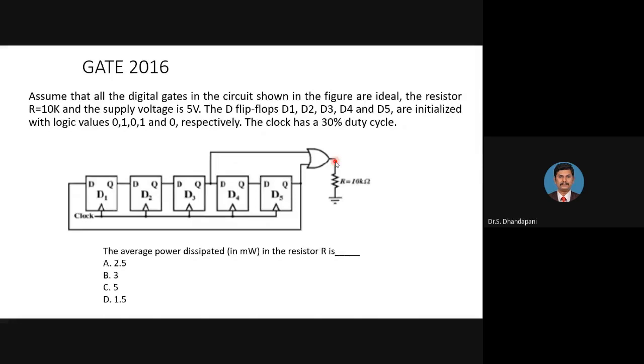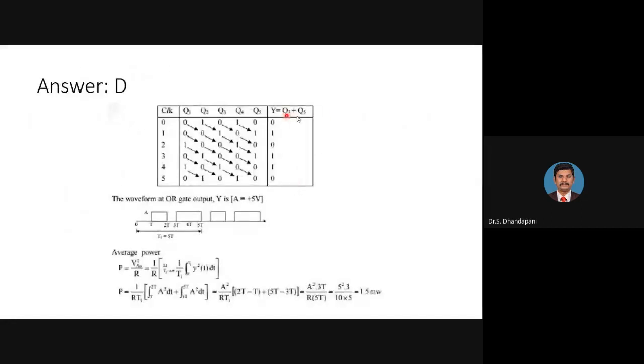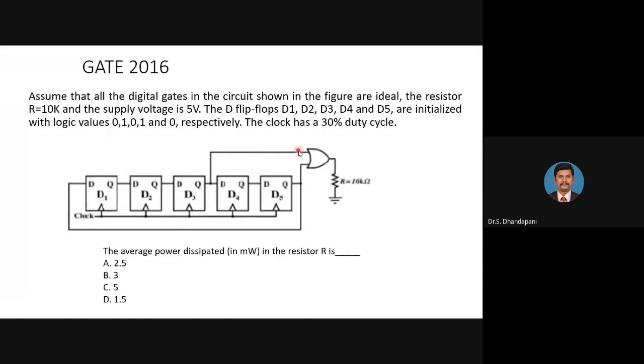The OR gate is getting its input from the outputs of flip-flops 3 and 5. So Q3 plus Q5 is Y, the output of the OR gate. Also, this Q5 is given as the input for the first D flip-flop.